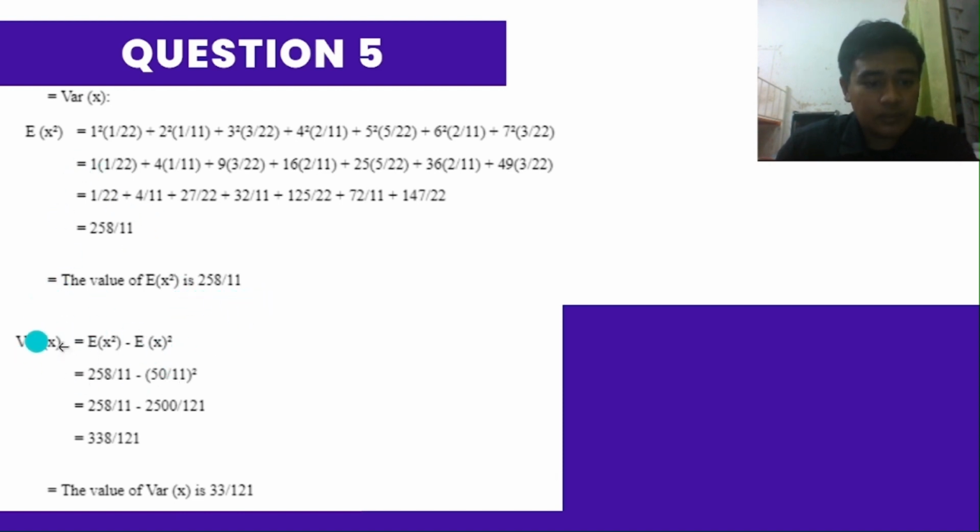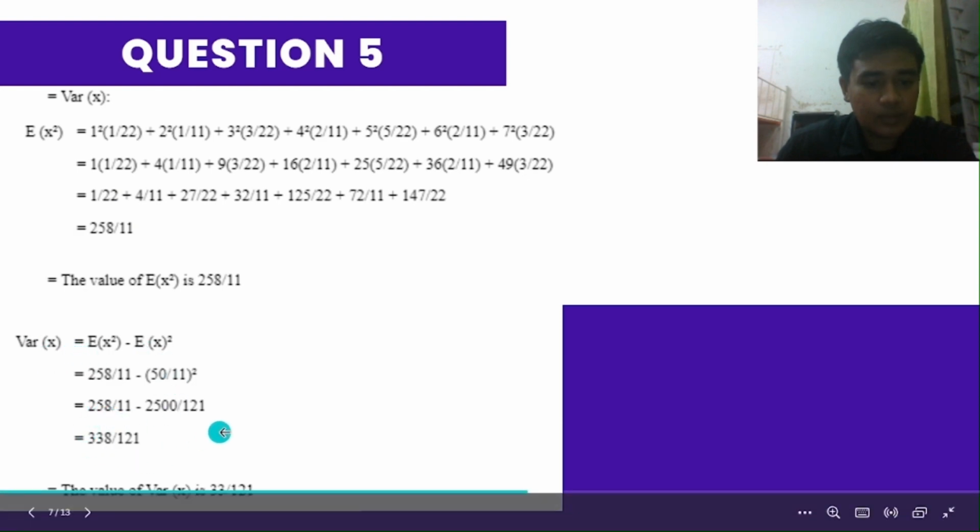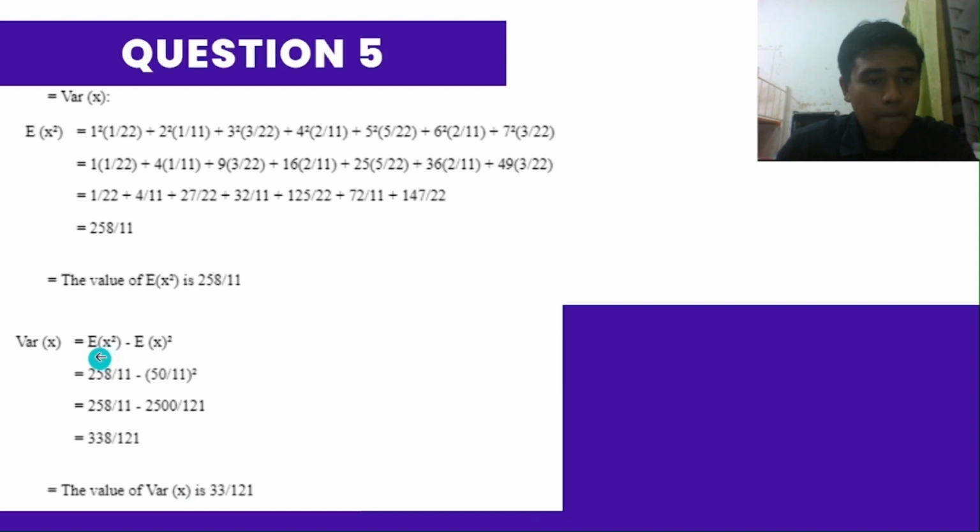Then the final work is we need to take E(x squared) minus E(x) squared, squaring the whole E(x), not just the x.